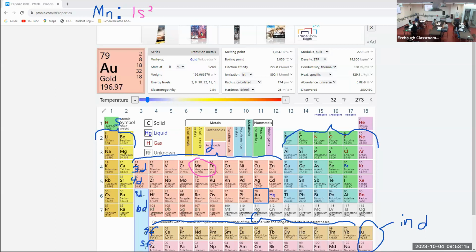Okay, so then that's going to represent there. And then 2s2. Okay, so then that's going to represent here. 2p6. That's going to represent here. Yes, we're so fast. 3s2.